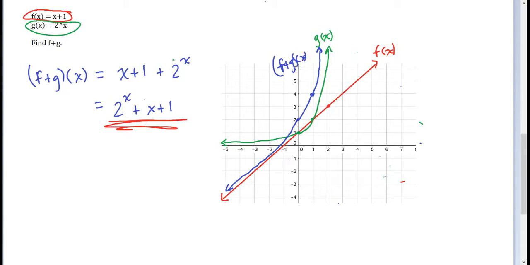Without this strategy to break this function into two parts, could you have graphed this all by yourself? You could have done the table of values, but you wouldn't have a sense of what this graph looks like. In this section, you're trying to learn a strategy for breaking a function down into parts and understanding how those parts interact with each other.